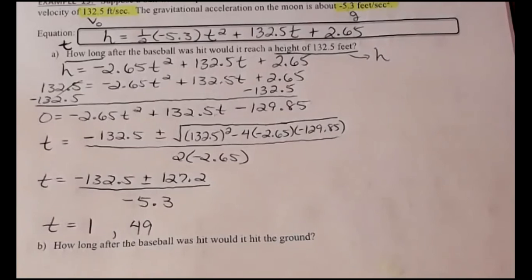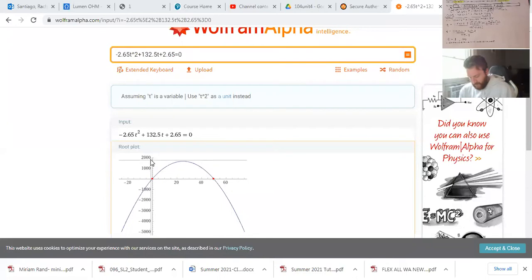Let me share with you my Wolfram Alpha, because you're probably thinking, how is that possible? Notice that my increments here are in terms of thousands. So somewhere around here, really low, is where the height is 132.5. Notice that it crosses at two places. It's crossing when t is 1 second, because what comes up must come down, and then again when t is 49 seconds. That's why this makes sense. It's in two locations.